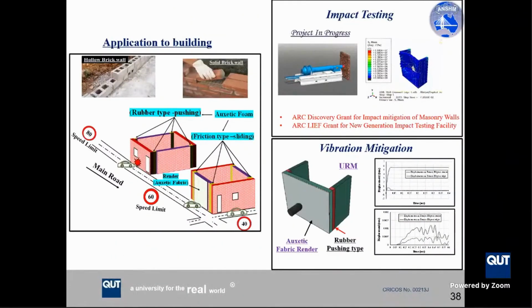Our strategy will be developed through experimental testing of the rendered masonry wall with damping materials in between the wall edges. And this will be the first time such testing is undertaken. We have been awarded an ARC Discovery Grant and an ARC LIEF Grant for this testing.